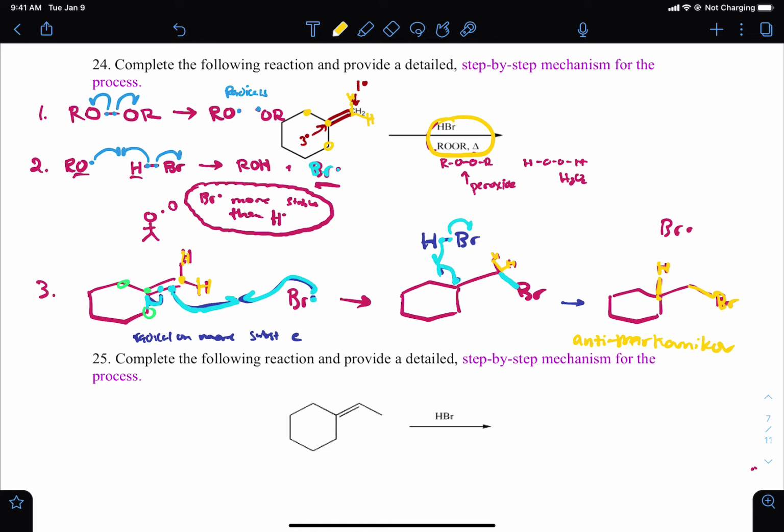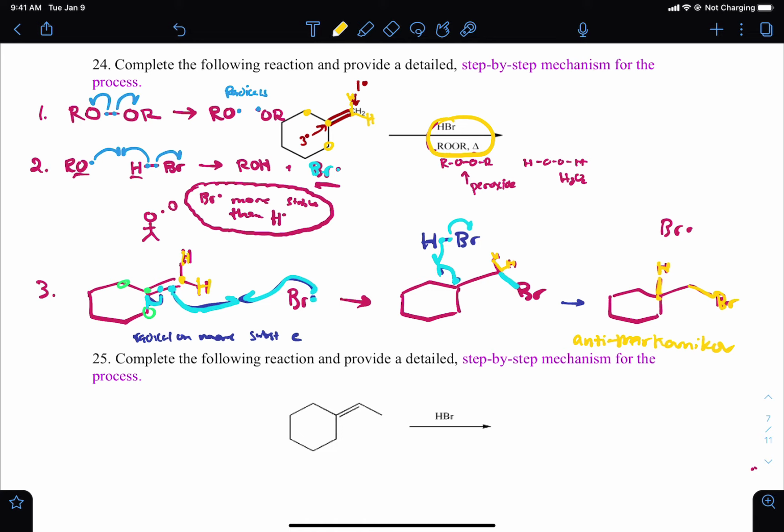Plus, the H has some positive character because the bromine is electronegative. So the H is positive and the pi bond is electron rich.